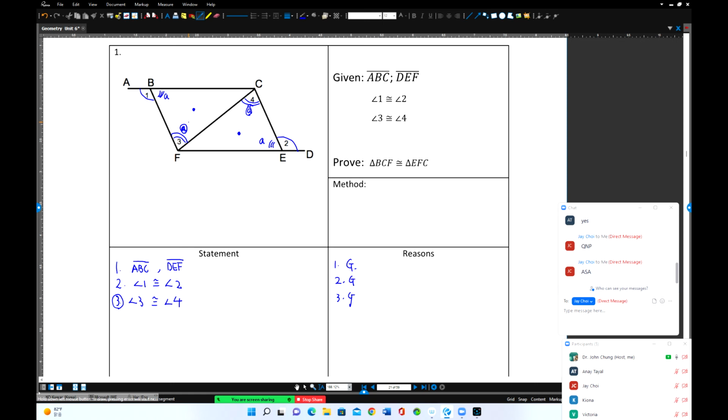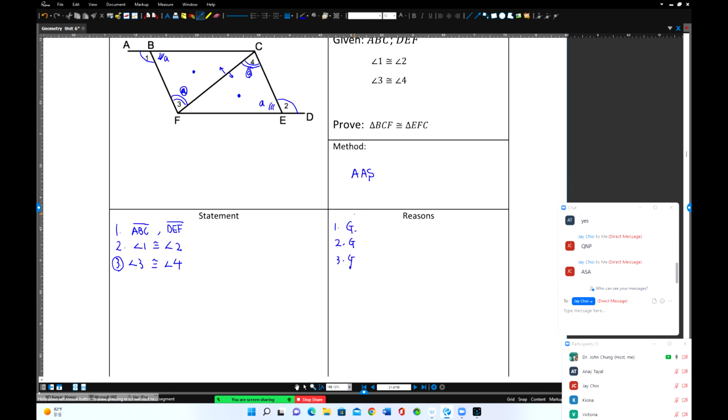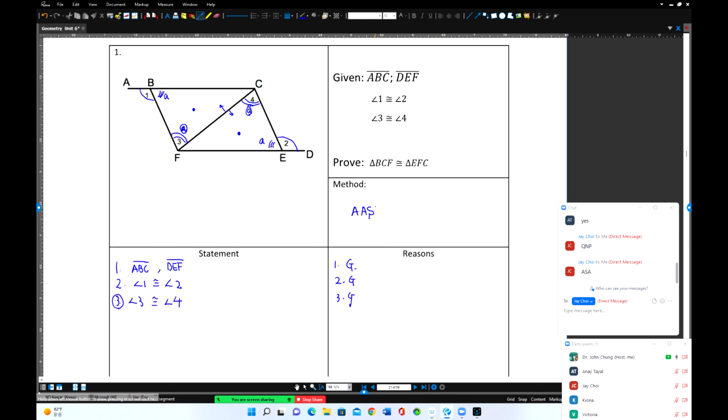Where is it? CF, isn't it? CF is the side they share, the same length. This is what? Reflexive. So we're going angle, angle, side. Now 3 and 4 are done.